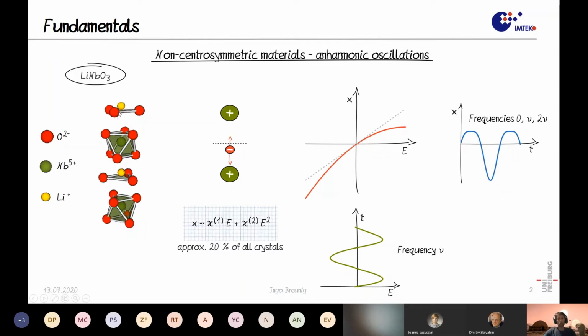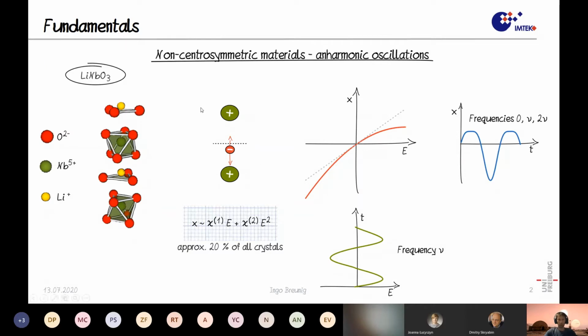If you look carefully, you will see that the niobium is always a little bit above the central point of this octahedron, and the lithium ions are a little bit ahead or on top of these oxygen planes. So that means the positive charges are not really centered around the negative ones and vice versa.